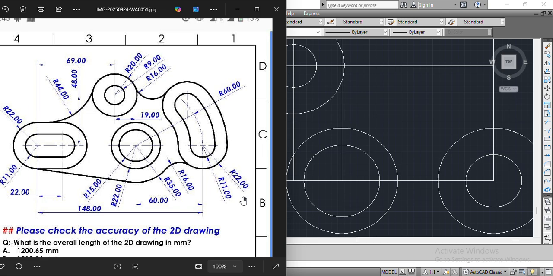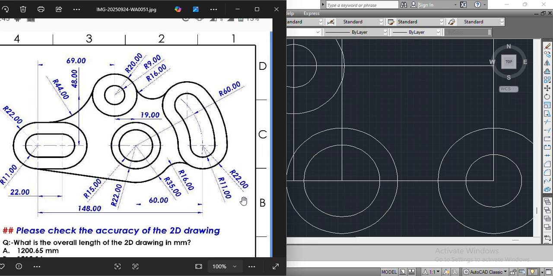That is a circle of R32 originating from the same center, and a circle of radius 60, 60 plus 22, 60 minus 22, 60 plus 11, and 60 minus 11. All those circles originate from the same center.